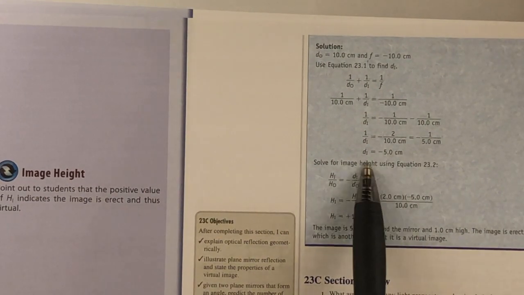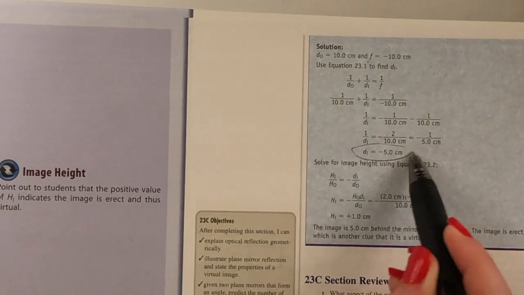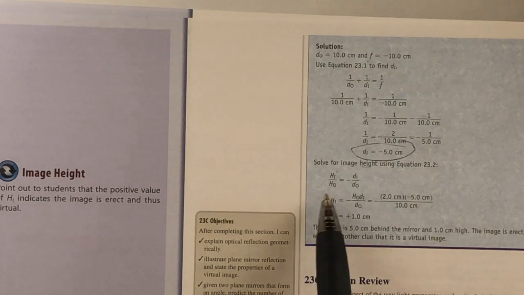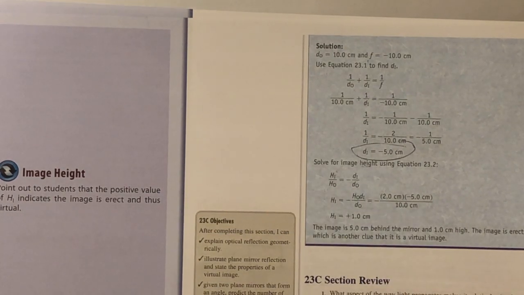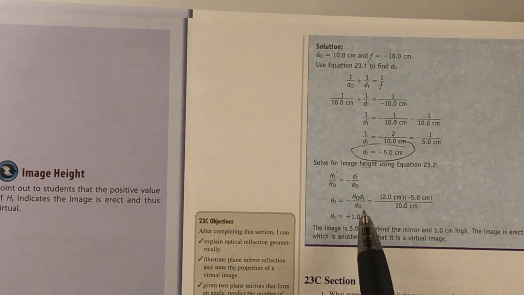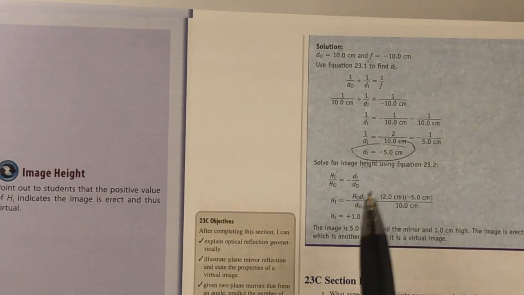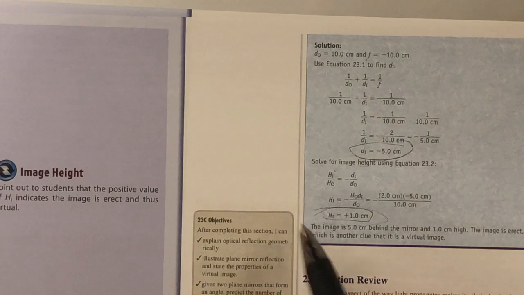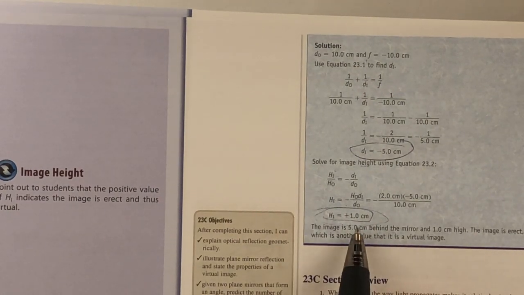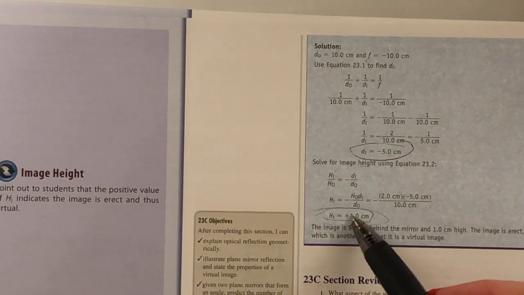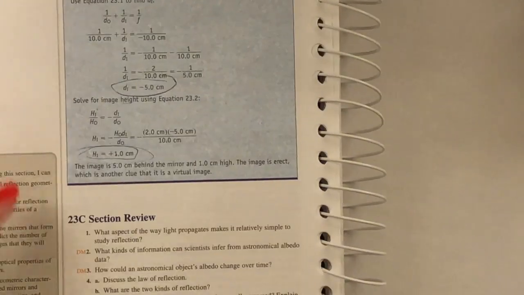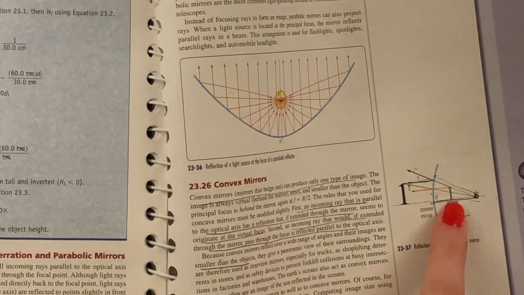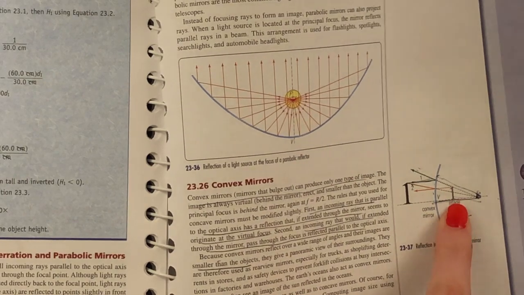And then using the image distance that you found, you can solve for the image height using the equation that relates each of the two. And notice again, it's important that you keep the negative here so that you can get the correct sign of the height, which is positive, because we know if the image is virtual, then it's always going to have positive height because it's upward.